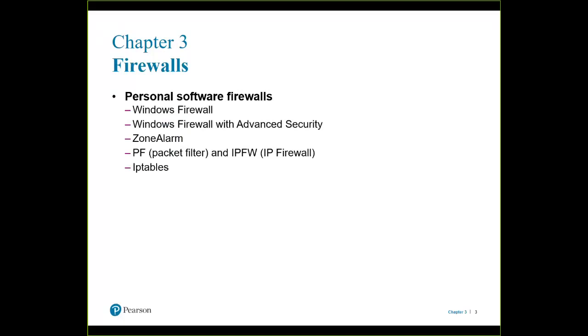Windows has a built-in firewall. Everything since Windows XP SP2 is going to have that. Though there are others. Zone Alarm is an example of one. Zone Alarm is something that you can configure and play around with. Another one is Packet Filter, PF, or IPFW, IP Firewall. And those are the FreeBSD versions for the most part.